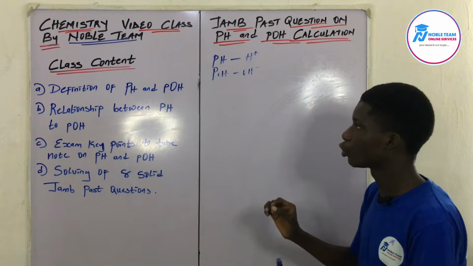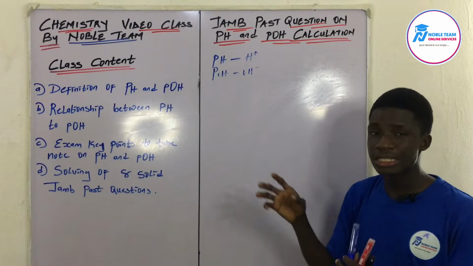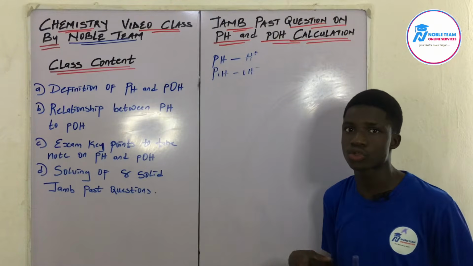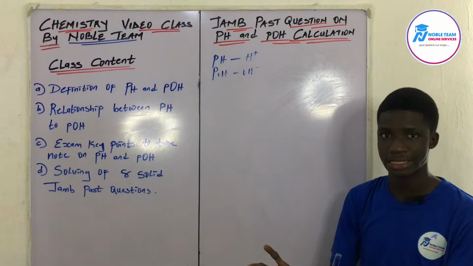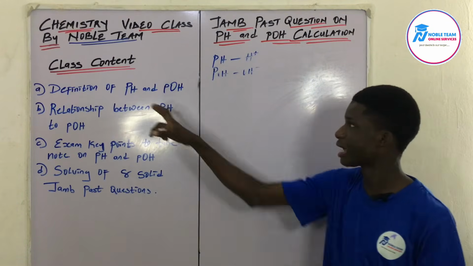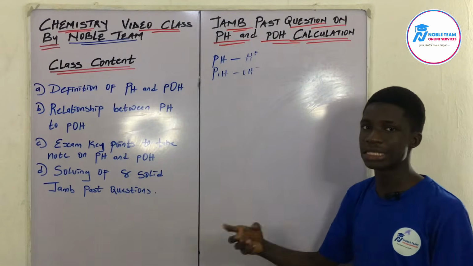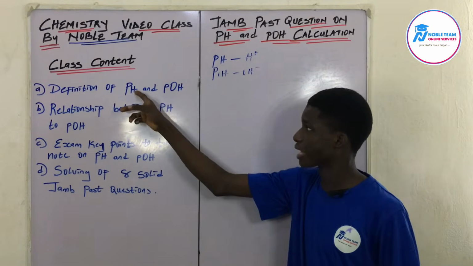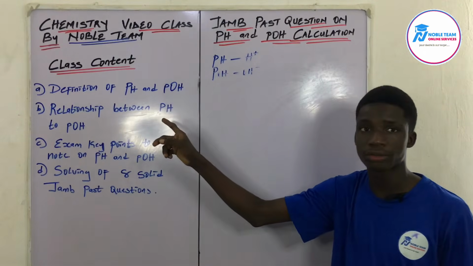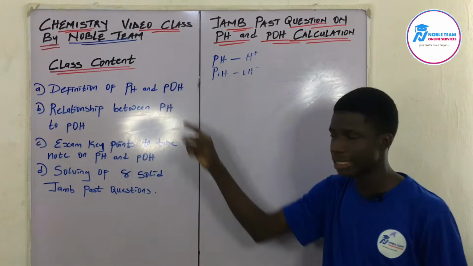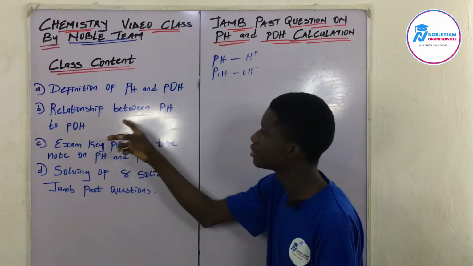I want us to understand something: pH is related to acid, but pOH is related to base. So that is what you need to take note of: acidic and base. Once you define base and acidic, you normally know that pH is talking about acid, and pOH is talking about base.